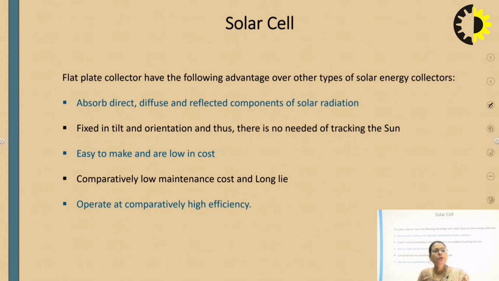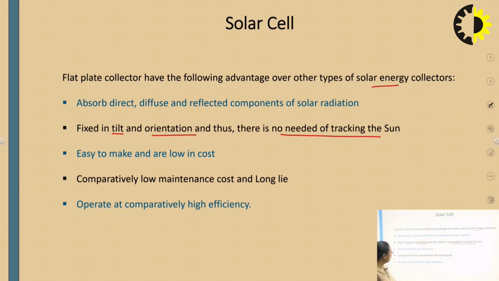Now talking about the flat plate collectors, they have advantages over the other types of collectors, right. First, they absorb the direct, diffuse and reflected components of the solar radiation. All three types of radiation they absorb, because of the black surface. They are fixed in tilt and orientation, and thus there is no need to track the sun continuously, as I have shown in the previous slide as well.